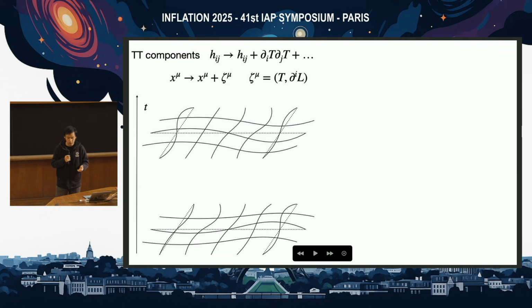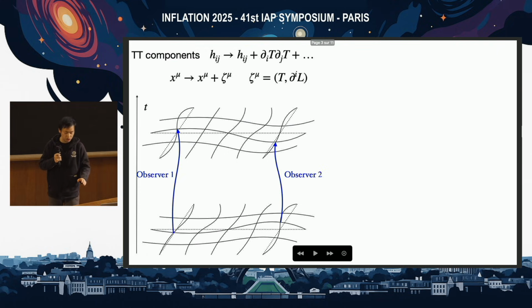So in our work, we construct an observable directly from what we are measuring. Specifically, we consider an idealized setup in an expanding universe. We have two observers, and they are exchanging light signals with each other.